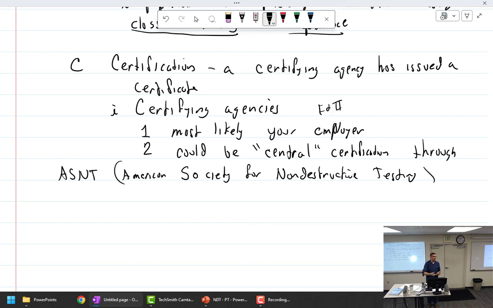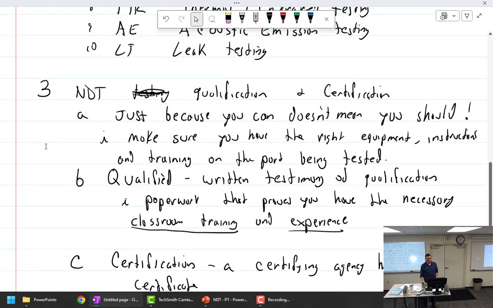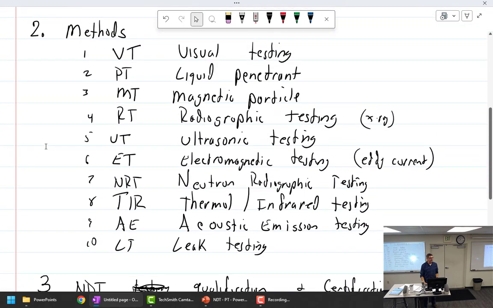You have to get certified as a level 3 in each one of these 10 different things that we talked about. So number 1, you have to prove your qualifications. And it's a lot. Once you can prove your qualifications, I have been doing magnetic particle for this many years, it is very difficult to get that certification.